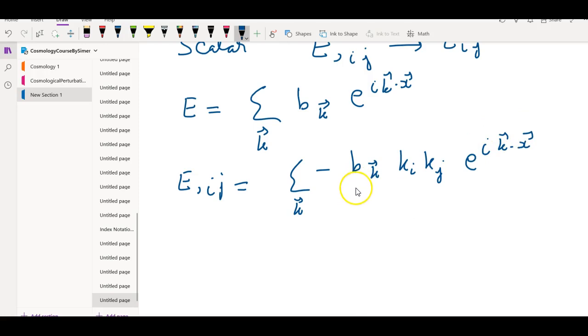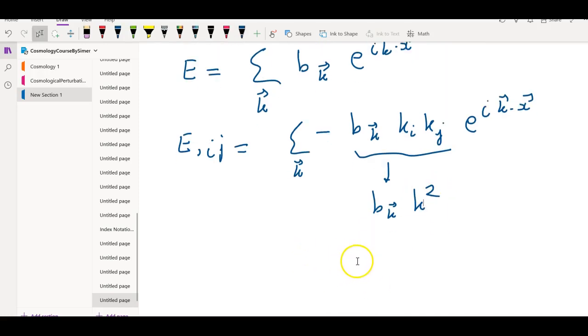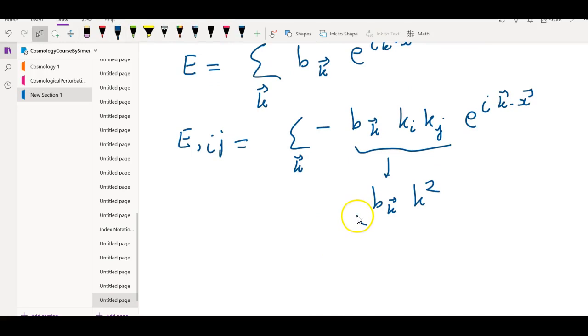So you see that this has dimension of bk and k square.